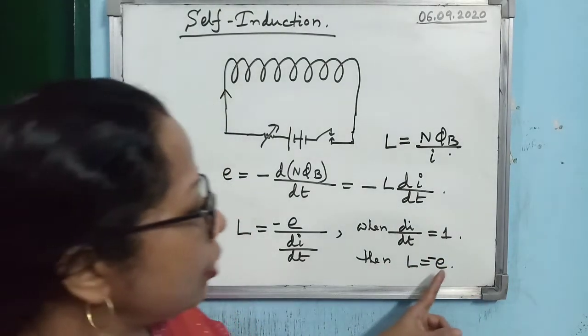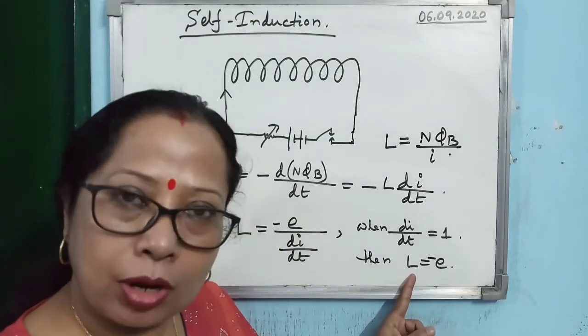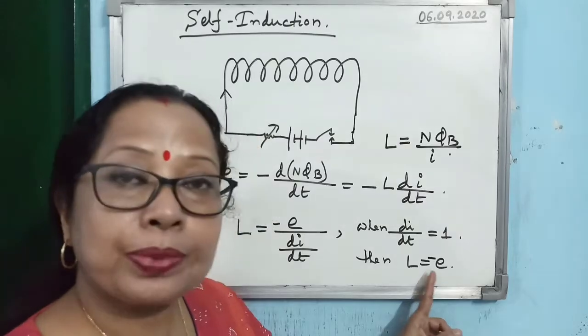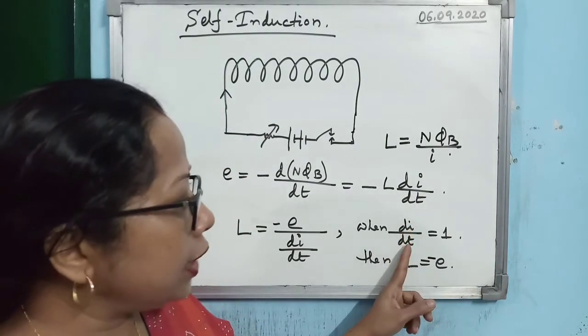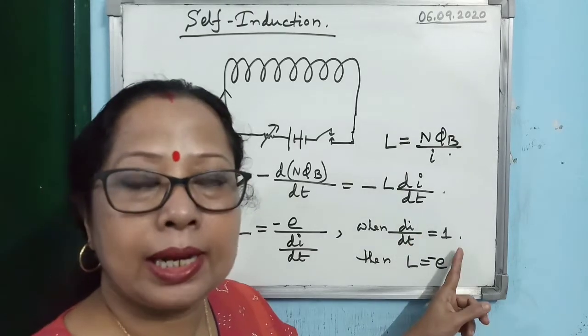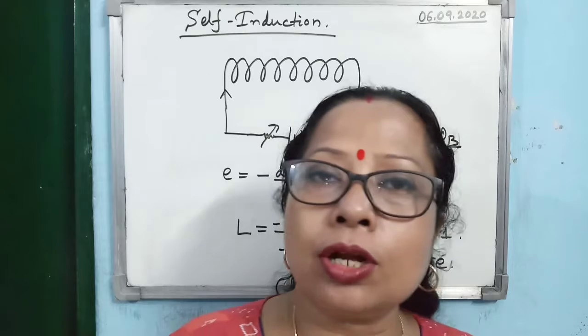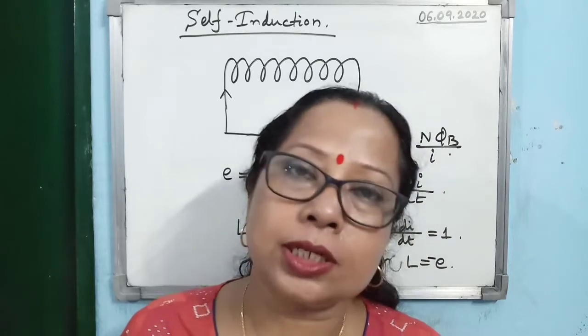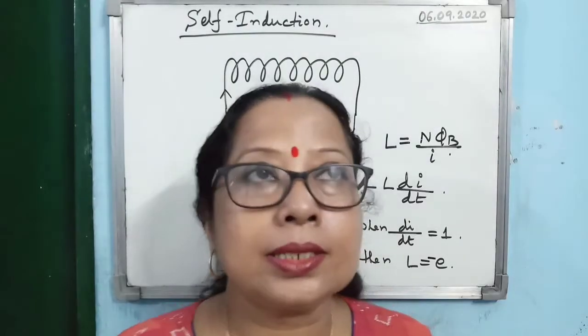Alright, so how can you define L? The coefficient of self-induction of a coil is equal to the EMF induced in it when the rate of change of current through the coil is unity. I repeat, this definition of coefficient of self-induction or self-inductance you must also learn. So what is the definition?